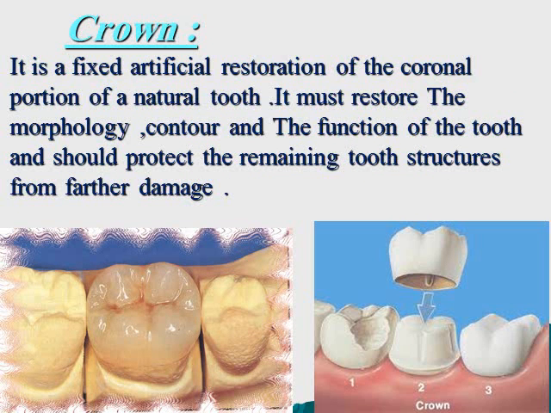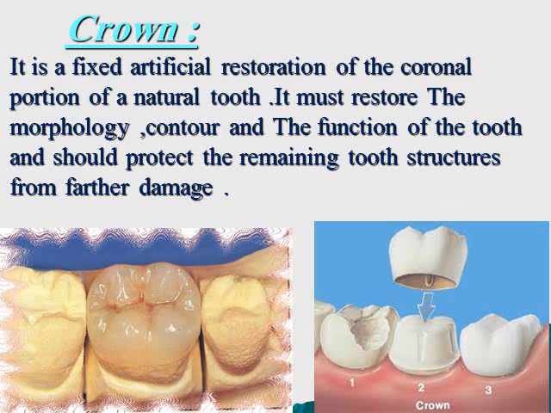The crown is a single artificial restoration of the whole coronal portion of the tooth, and it has the function of restoring the contour, the shape or morphology, and the function of the tooth, because the tooth has its function from its shape.